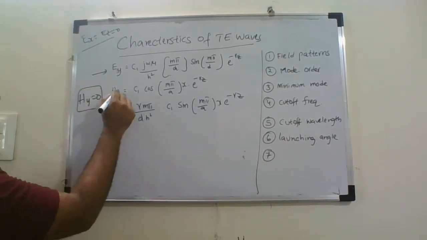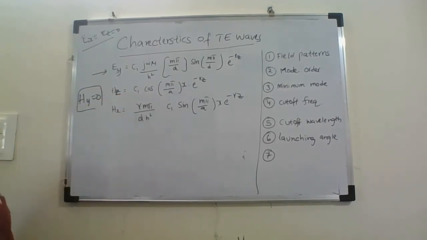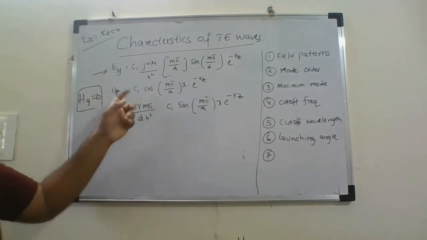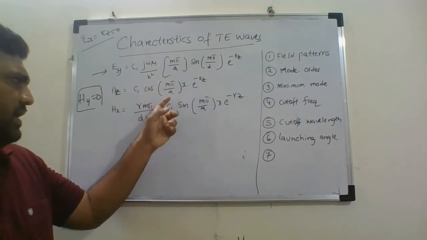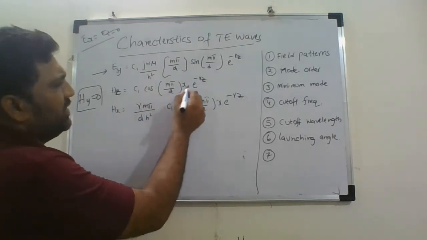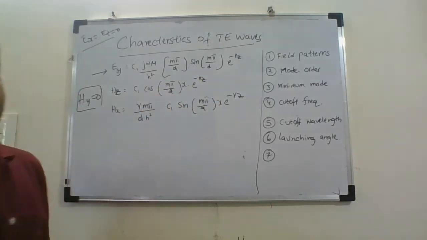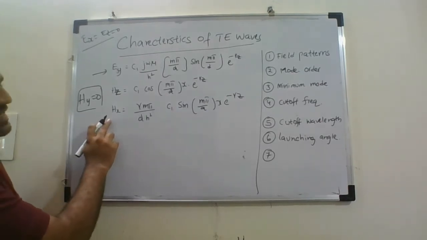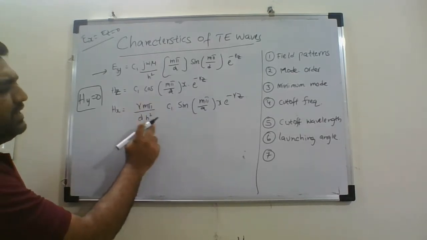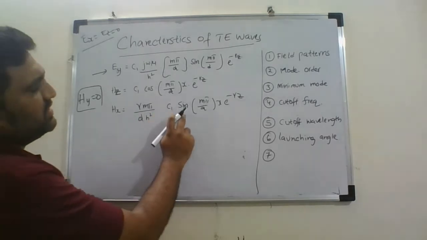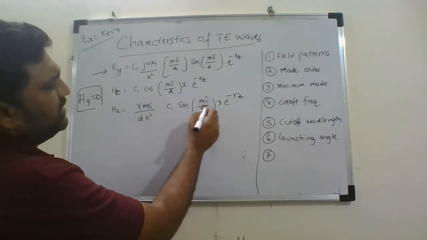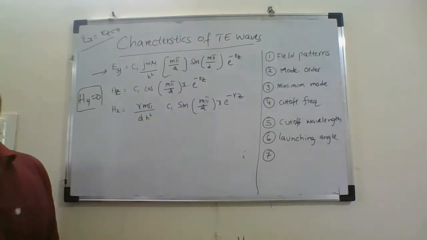So we have two H components, Hz and Hx. Hz is given by C1 into cos of m pi by d into x into e power minus gamma z. And similarly, Hx is equal to minus gamma into m pi by d h square into C1 sine of m pi by d into x into e power minus gamma z.